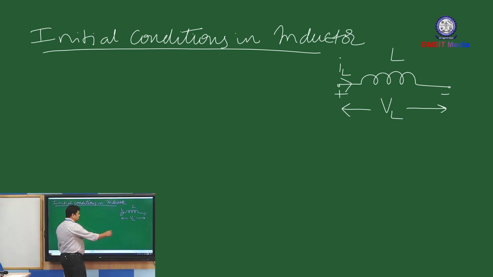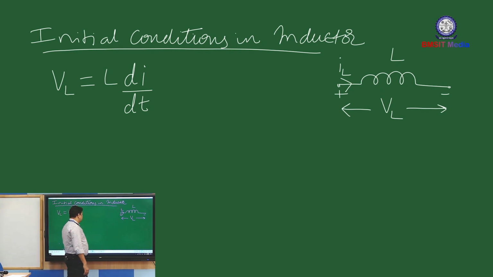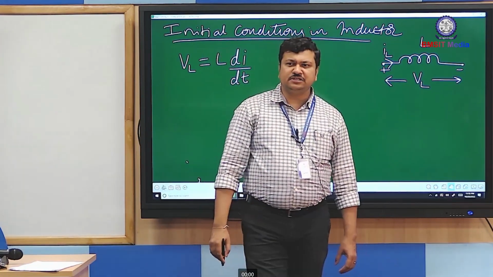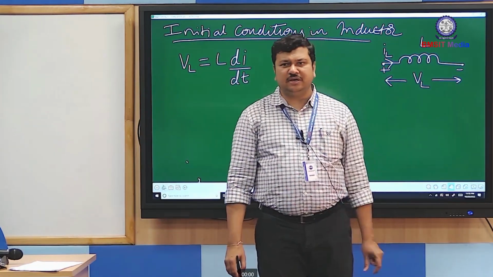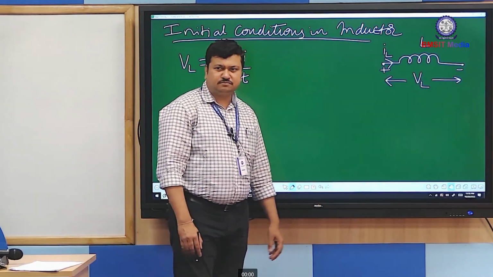So the voltage across the inductance VL is given by VL equals L di by dt. You should remember that the voltage across an inductance is always a self-induced EMF across it because of the self-inductance L henries.